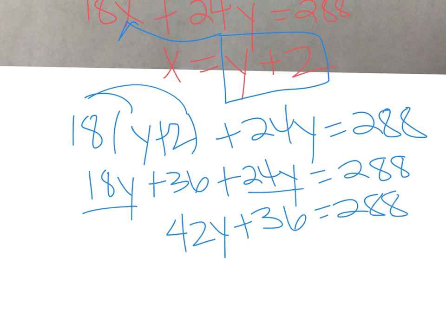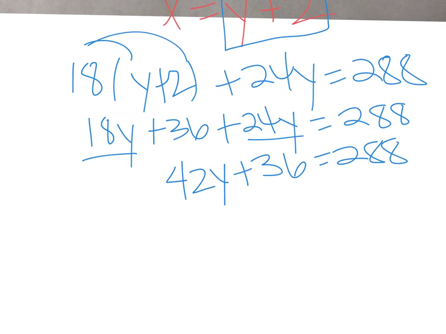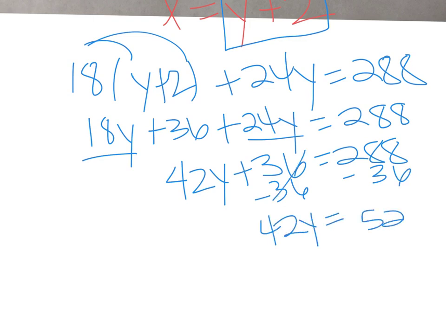So we can still get an X and Y coordinate, but it has some context to it now because Y represents the amount of hours your sister worked, X represents the number of hours you worked. Okay, so if we continue to solve, 42Y is equal to 252. And if we divide by 42, we get Y equals 6.